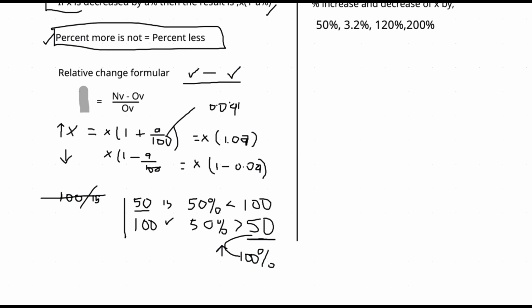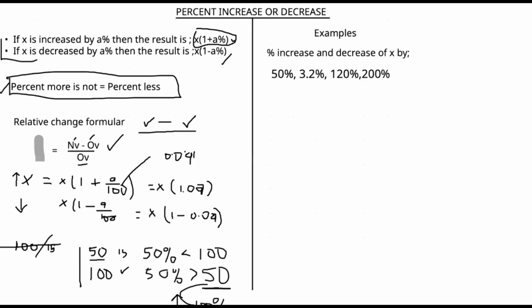This is very simple. It's your new value minus your old value, and you divide by your old value to get your relative change. Very simple. Now let's solve some examples on percent increase or decrease.